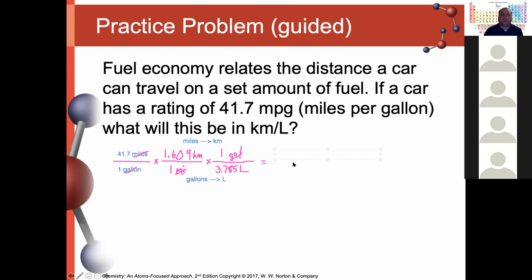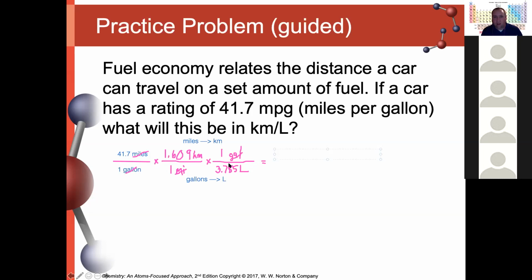So for these ones where we have 1 gallon, 1 mile, we can assume that that one is exact. The measurement is, I took a gallon of water and I poured it into a graduated cylinder and measured how many liters it took up. So the 1 is exact. The 3.785 is measured. The 1 mile is exact, but the 1.609 kilometers is measured.